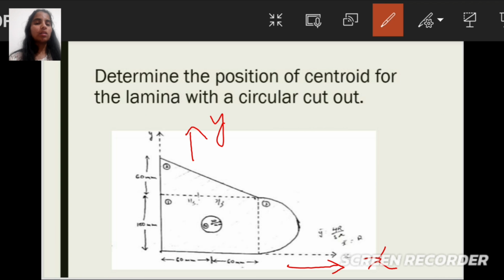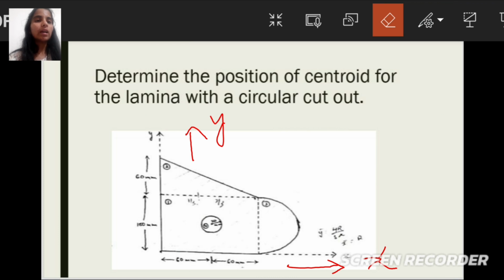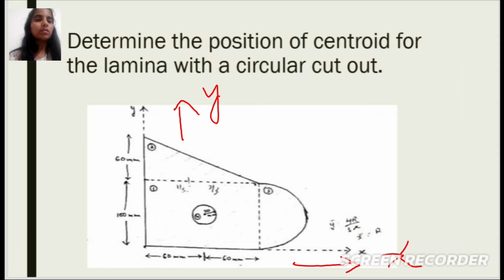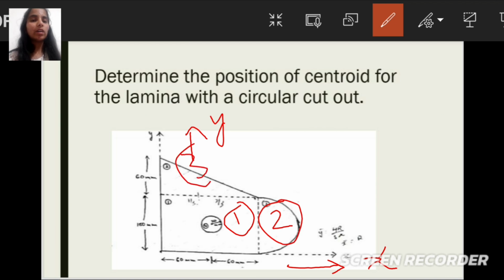Then the next step, we name the components and dissolve the components. The first component will be the rectangle, the second component will be the semicircle, the third component will be the triangle, and the fourth one will be the circle. Now, let us resolve the components.